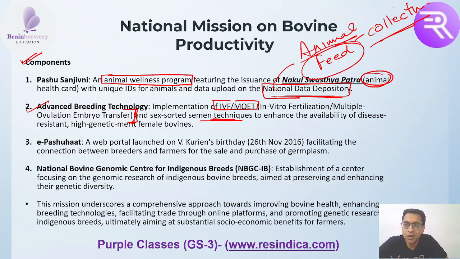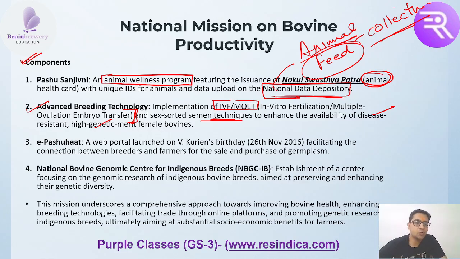We will have semen of an animal which is disease resistant, of high genetic merit, of female bovine species. So we will be providing in vitro fertilization with the semen in such a way that the embryo that develops should have good quality disease resistance. It should have a high genetic makeup in its body.